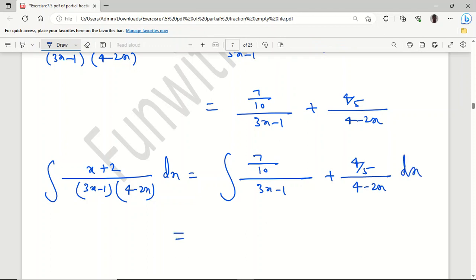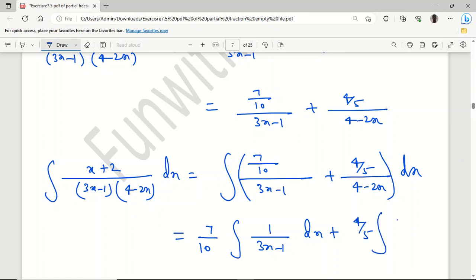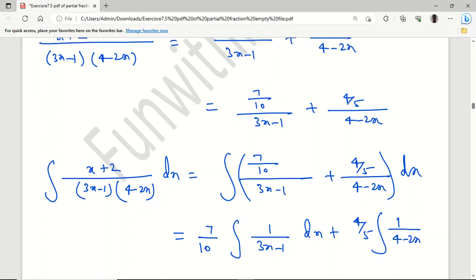So now I can separate them into two integrations. So I'll write 7 upon 10 integration 1 upon 3x minus 1 dx plus 4 upon 5 integration 1 upon 4 minus 2x dx.